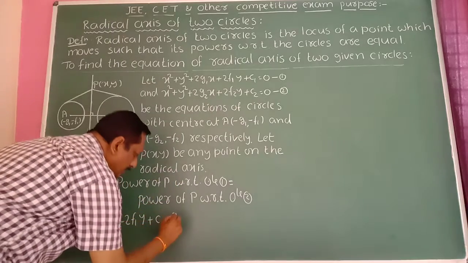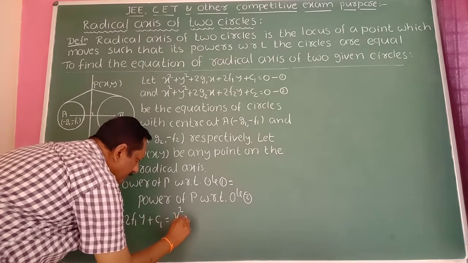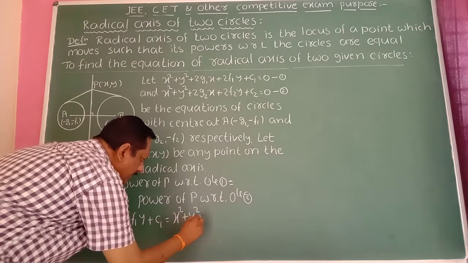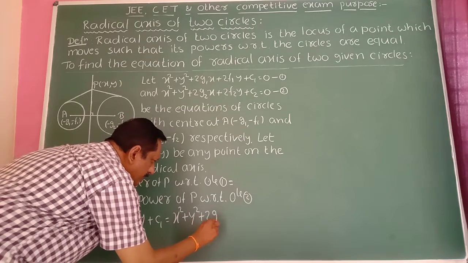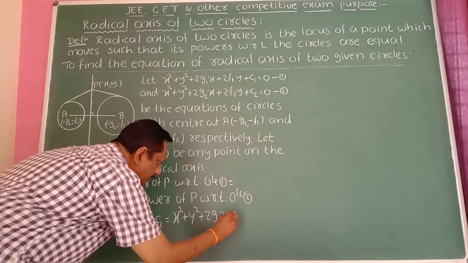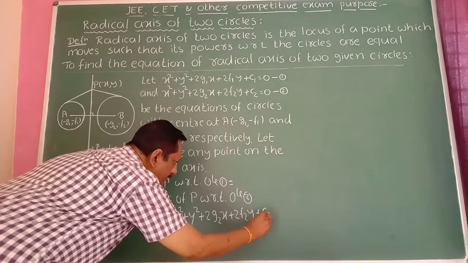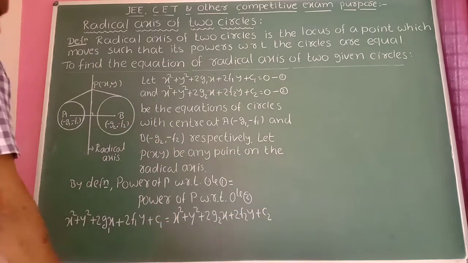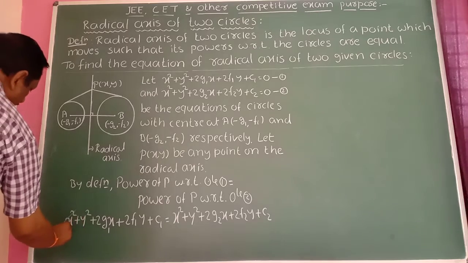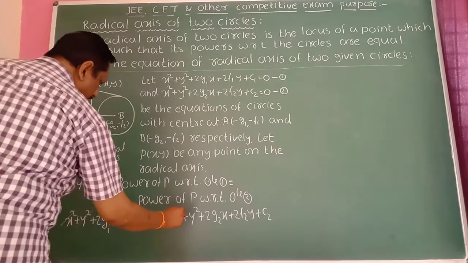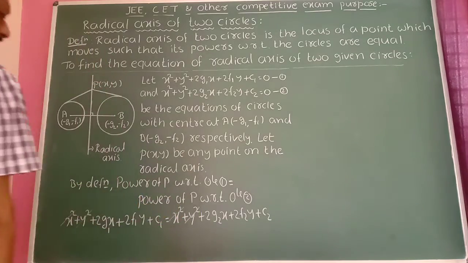So x square plus y square plus 2g2x plus 2f2y plus c2. Then x square and y square get cancelled on both sides.